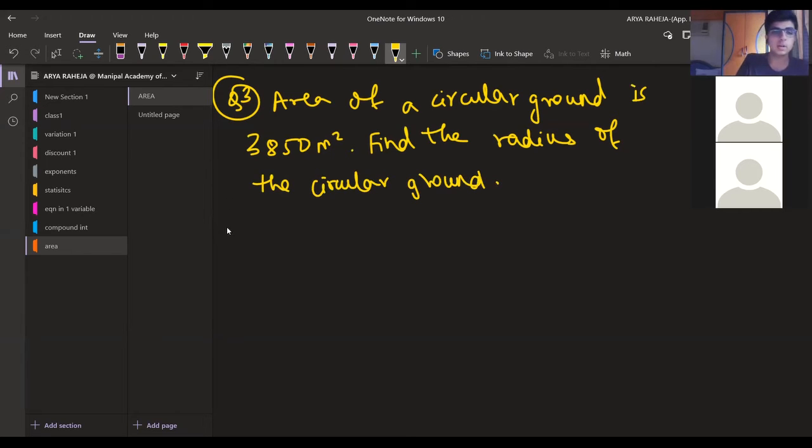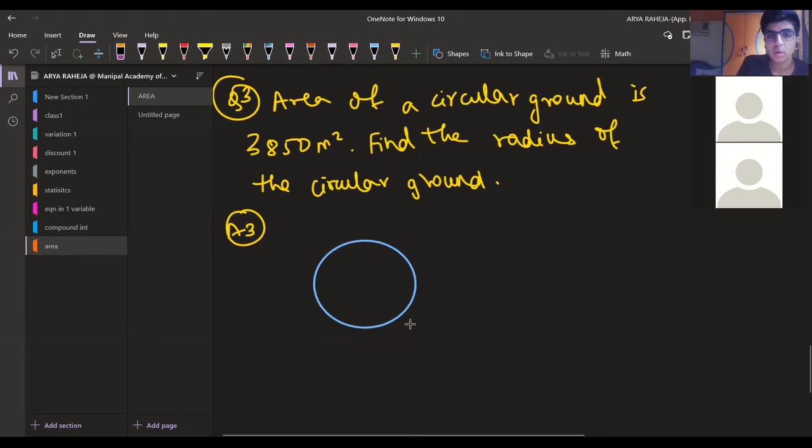Okay, ये question पढ़ लो जल्दी. Write it fast. Okay. Area of a circular ground is 3850 meter square. Find the radius of the circular ground.